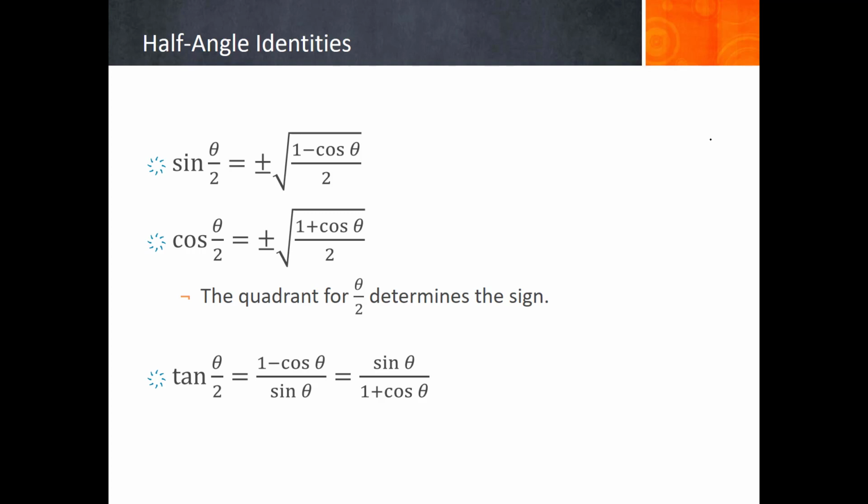We can write it as 1 minus cosine of theta over sine of theta, or that would be the same thing as rewriting it as the sine of theta over 1 plus the cosine of theta. And again, the variation is just based off of a little bit of algebra simplifying and the Pythagorean identity. So again, just be familiar with those. You don't have to have it memorized, but you should be able to recognize it when you see it and know how to use it.